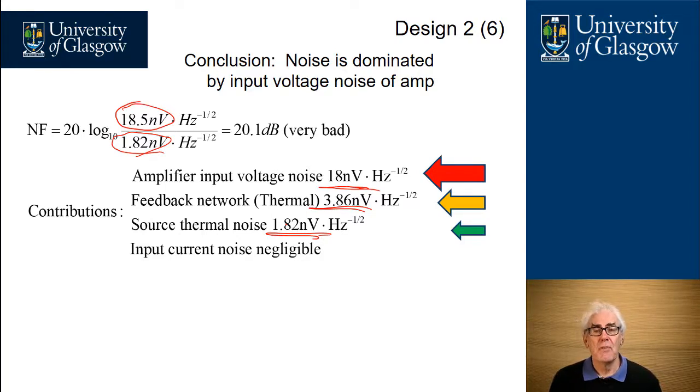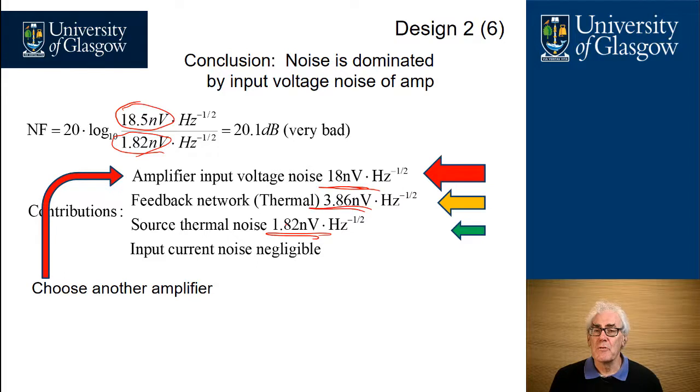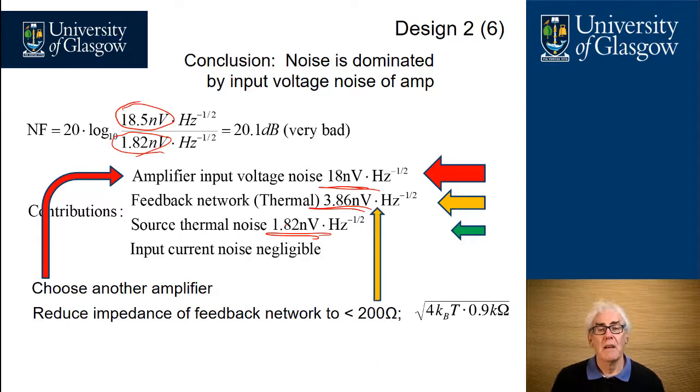And the thermal noise from the source, we are fixed with that because we cannot change the source. And the current noise into that thermal source impedance of 200 ohms is very small, so we can ignore that. Given the restrictions, all we can do with the amplifier, because it's part of the datasheet, is choose another amplifier.